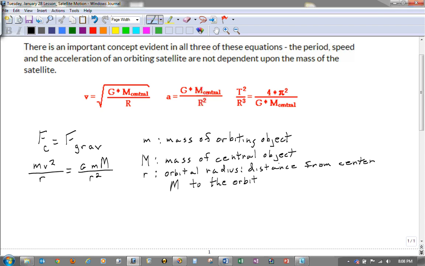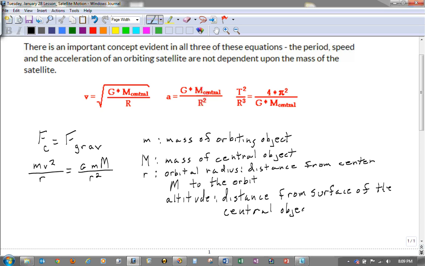Altitude is the distance from the surface of the central object to the orbit. So altitude is measured from the surface of the central object up to the orbit.